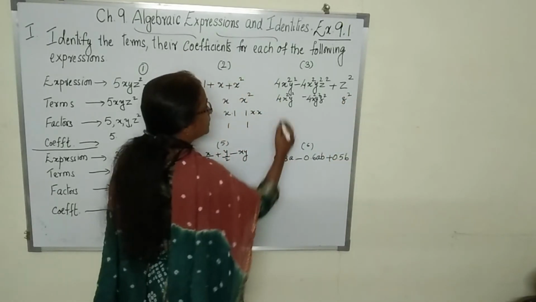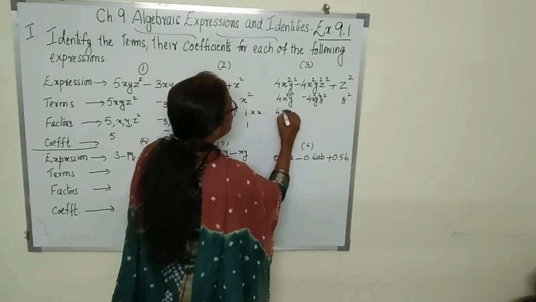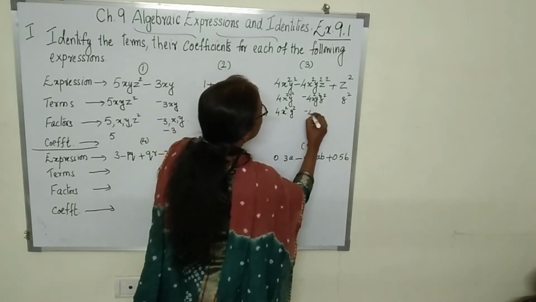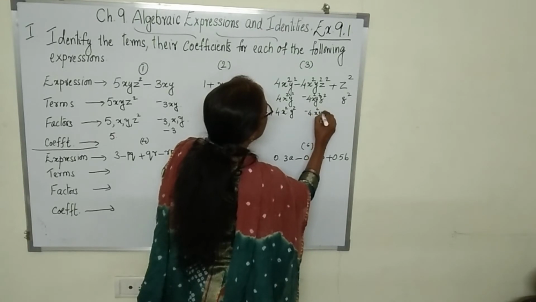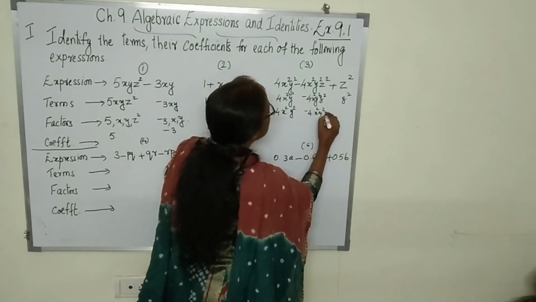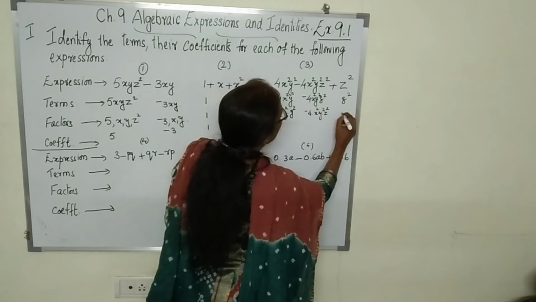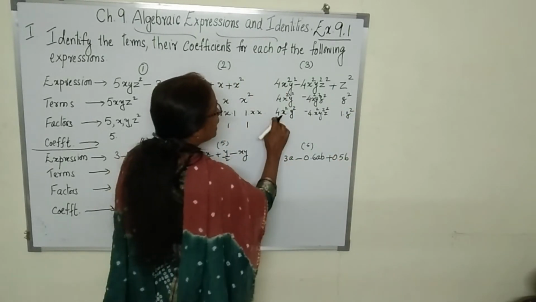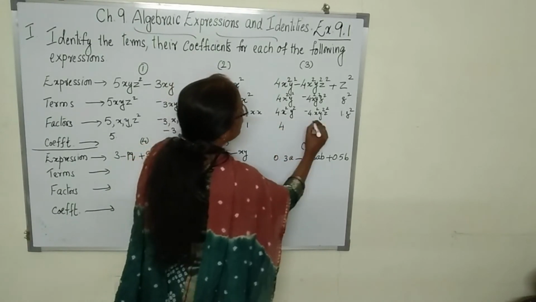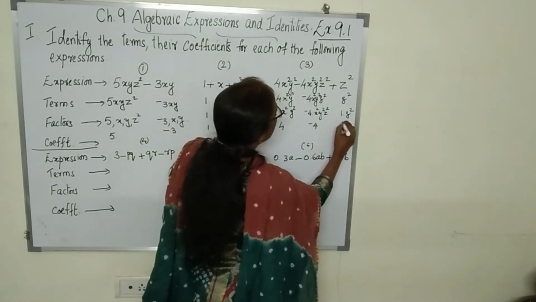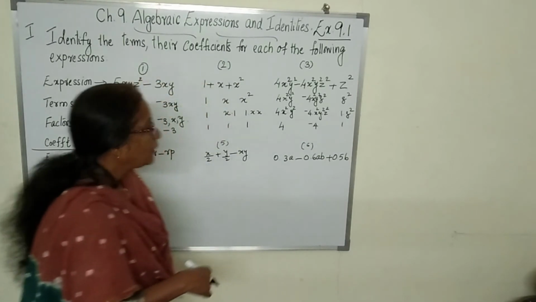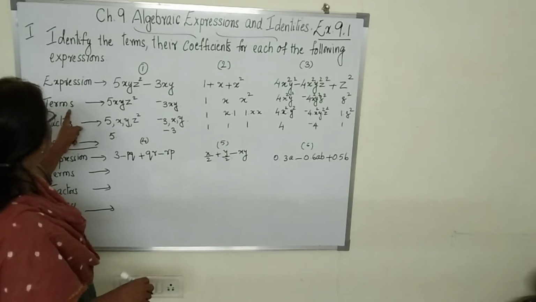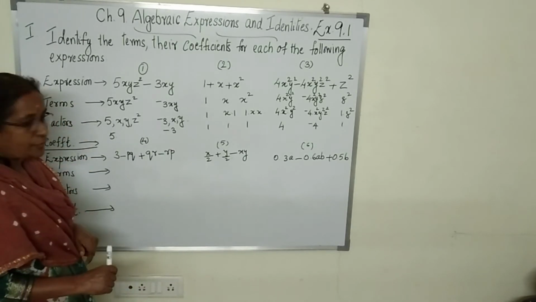These are the terms and the factors are 4, x square, y square, here minus 4, x square, y square, z square, and here only 1 and z square. And the coefficients are, here it is 4, here it is minus 4 and here it is 1. Okay. This way we can find out for any expression the terms, factors and coefficients.